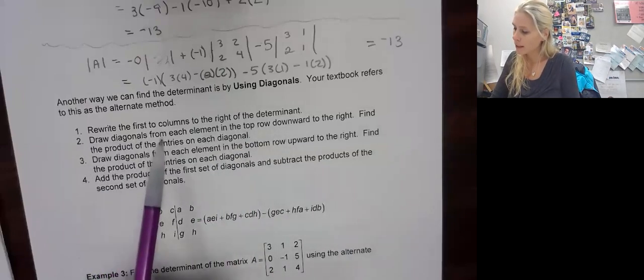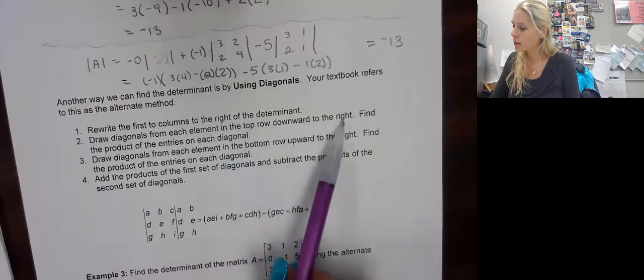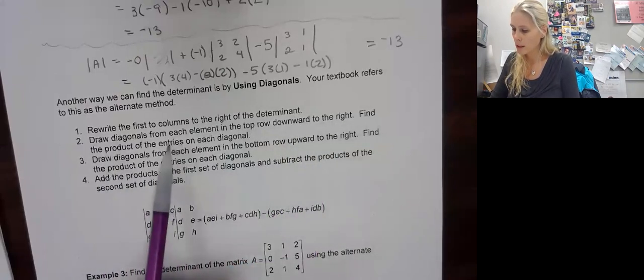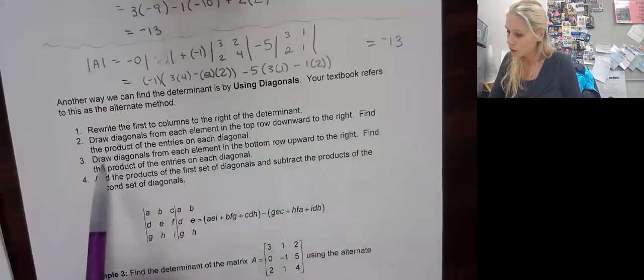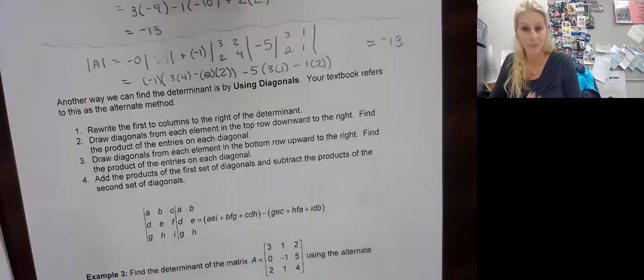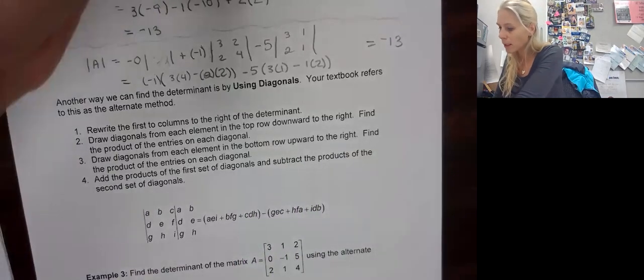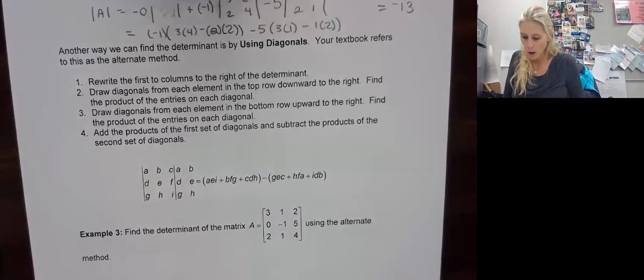Draw diagonals from each element of the top row downward to the right. Find the product of entries in each. Then draw diagonals from each of the bottom row upward. Again, I'm going to show you how to do this in a minute. Add the products of the first and subtract the products of the second.